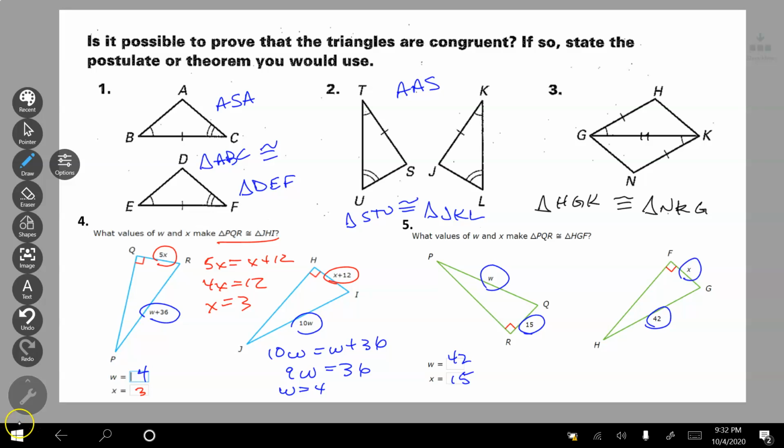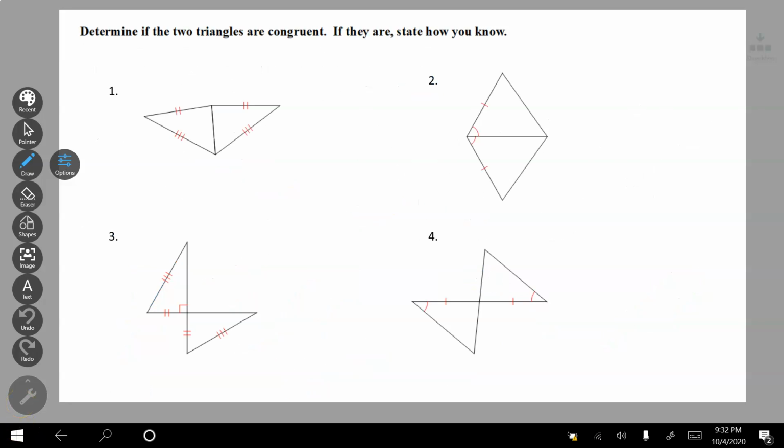And there we go. So let's determine if these triangles are congruent, or how can we show that they're congruent? Well, I have this triangle here on the left and this triangle here on the right, and I see 2 ticks are matching, 3 ticks are matching, and this side that is common to both of them obviously matches itself. So I see 1, 2, 3 ticks here, and 1, 2, 3 ticks here.